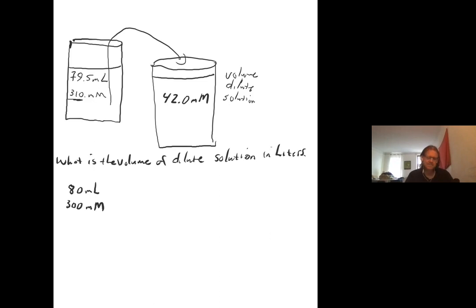Now, in terms of proportionalities, I could say, look, I'm going to add another 80 milliliters of water to give me a total 160, right? So I'm doubling the amount of water. The concentration would go down by a factor of 2. If you double the water, the concentration goes down by 2.